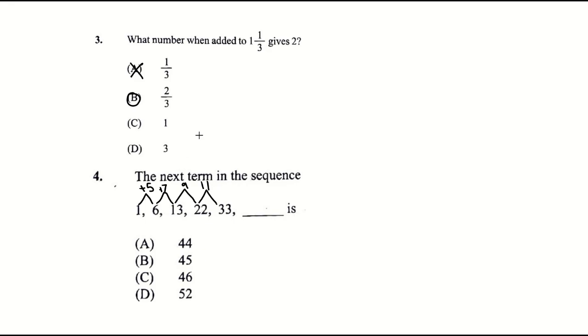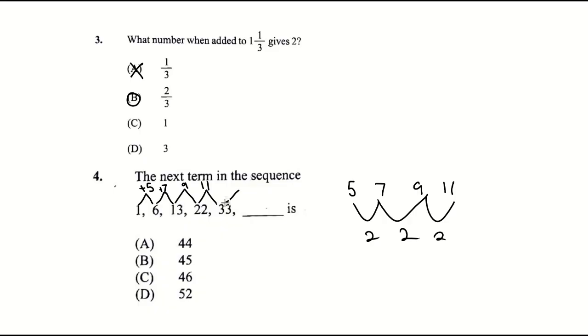So there is no constant value; however, if we look at 5, 7, 9, 11, we can see a pattern. The difference of these is 2, the difference of this is 2, the difference of this is 2. So 11 plus 2 is 13.